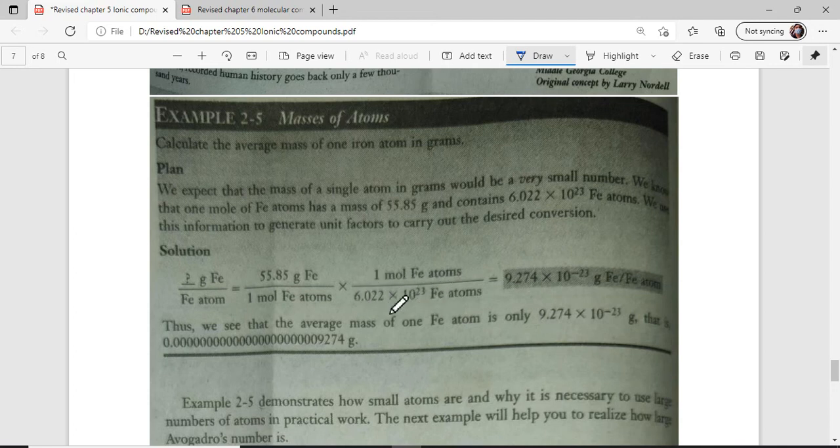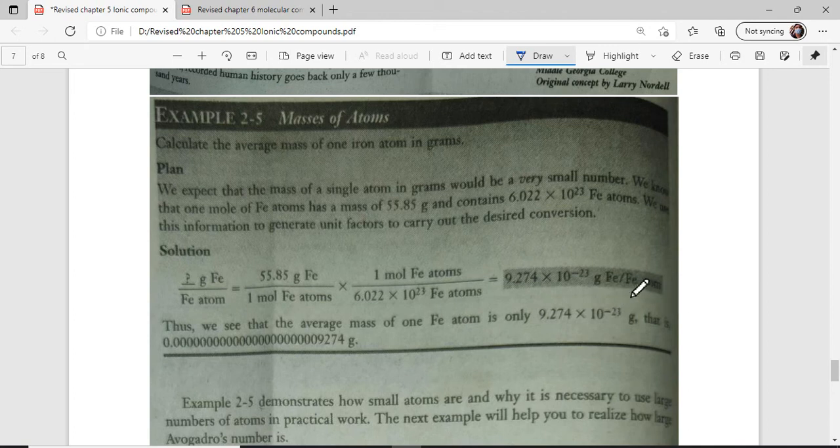Then simply divide your mass of iron by Avogadro's number of atoms, which will give you the answer of 9.274 times 10 raised to negative 23 grams of Fe per Fe atom.